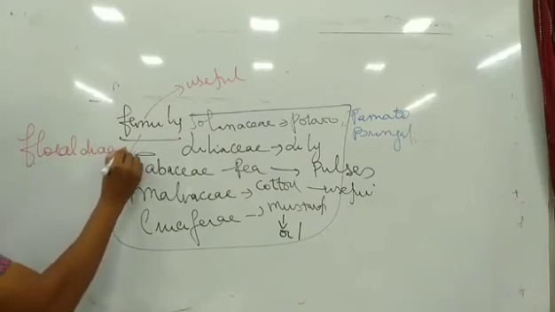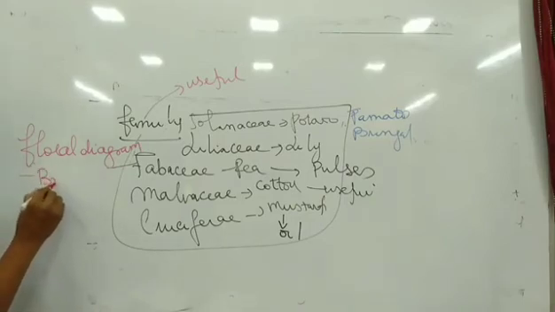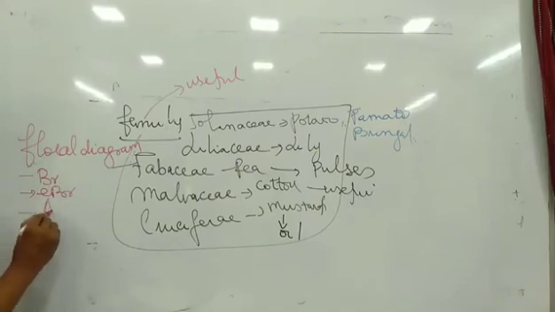They also have a floral diagram showing how the flower looks. It is either bracteate or ebracteate. How many androecium are present, 5 or 6 or 10?